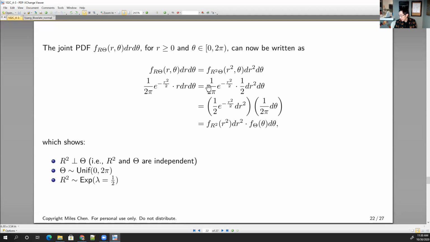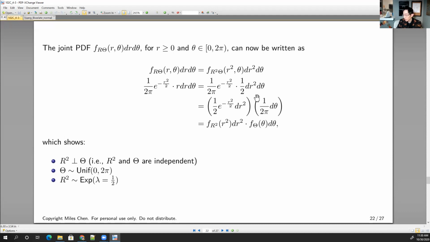And so I've got my PDF 1 over 2 pi e to the negative r squared over 2 times 1/2 dr squared. And if I rearrange some terms, I can get 1/2 e to the negative r squared over 2 dr squared and 1 over 2 pi d theta.